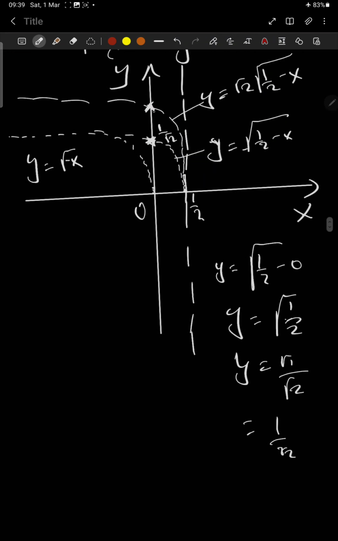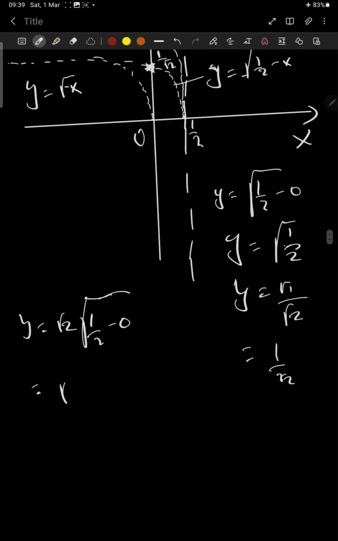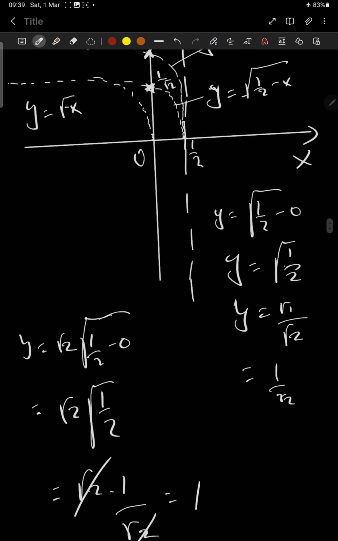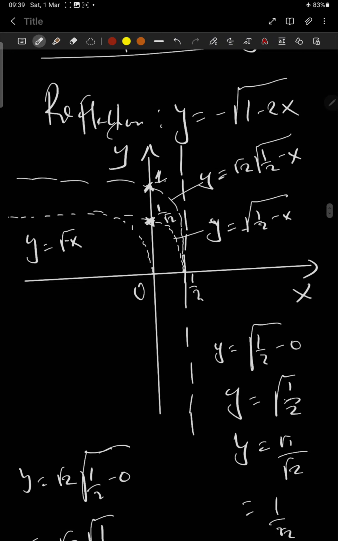To get to this point, y is equal to square root of 2 times square root of half minus 0, because it's the y-intercept. This is the square root of 2 times 1 over the square root of 2. This will cancel, and the answer is 1. So this point is 1.